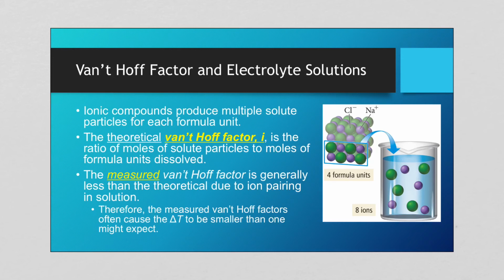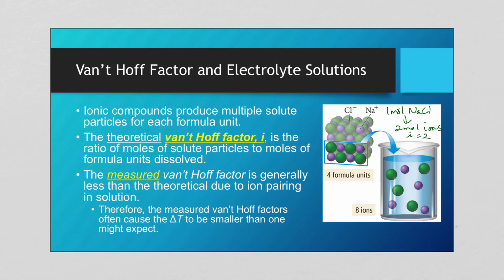For sodium chloride, remember, 1 mole of sodium chloride generates 2 moles of ions, 1 sodium and 1 chloride. So we look at the formula and generate the Van 't Hoff factor. So i here would be equal to 2.